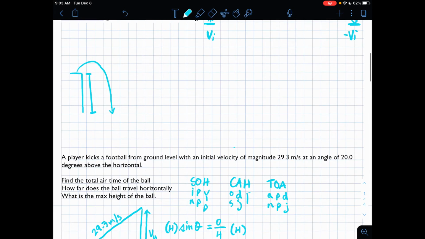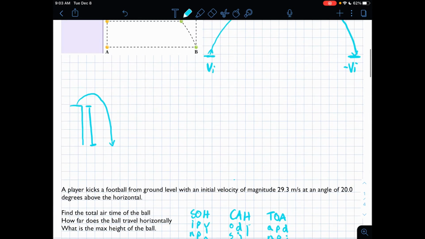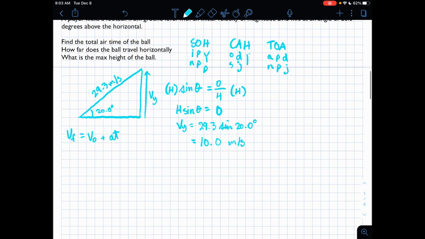As I mentioned before, when you're dealing with an arc like this where the elevation has not changed, the final velocity will just be the negative of the initial velocity. So we have an initial velocity of 10 meters per second, therefore the final is negative 10 meters per second, which is equal to 10.0 meters per second plus 9.8 meters per second squared times t. What you're trying to solve for is t.